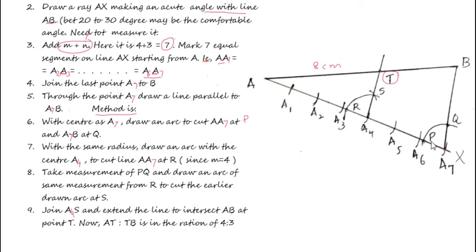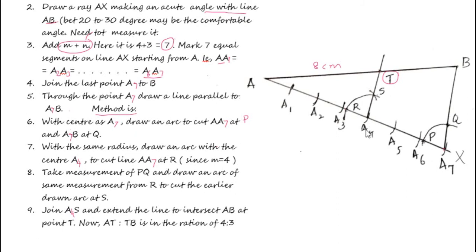Now measure the distance between P and Q. Using a compass, measure the distance PQ, and from R, draw an arc here to cut the earlier arc and you get the point S. That is, the distance PQ has to be the same as distance RS.